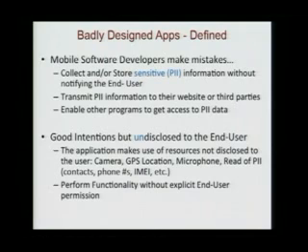As I said, mobile software developers make mistakes, collect and store data, transmit the data. They have good intentions, but unfortunately these intentions are undisclosed to the end user. So to give you an example, they claim that our application is secure and we don't store any of your bank information online, right?